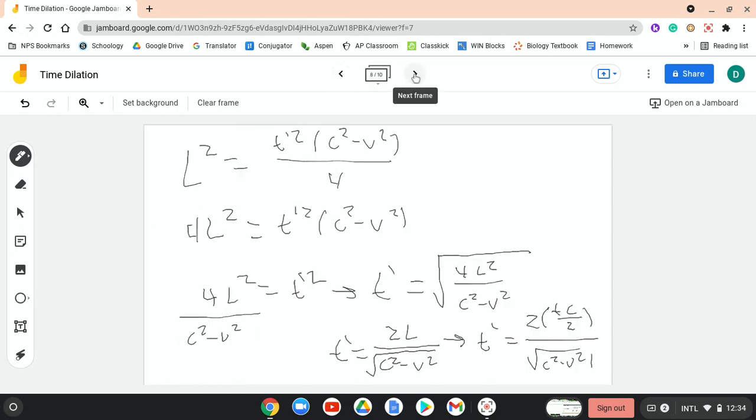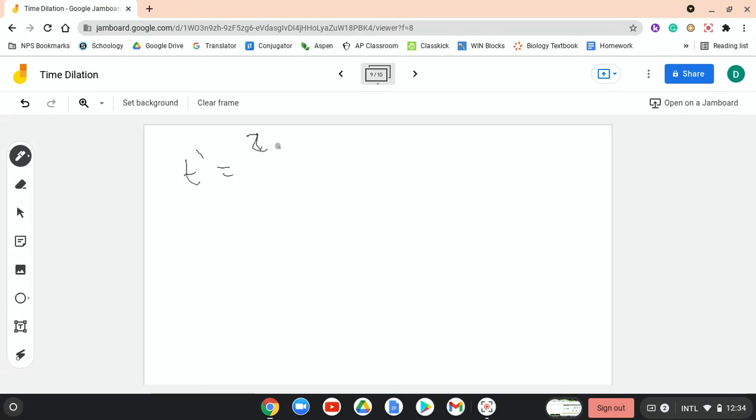So we have a 2 up top and a 2 on the bottom here, so they cancel. So we're left with t prime equals tc over the square root of c squared minus v squared.